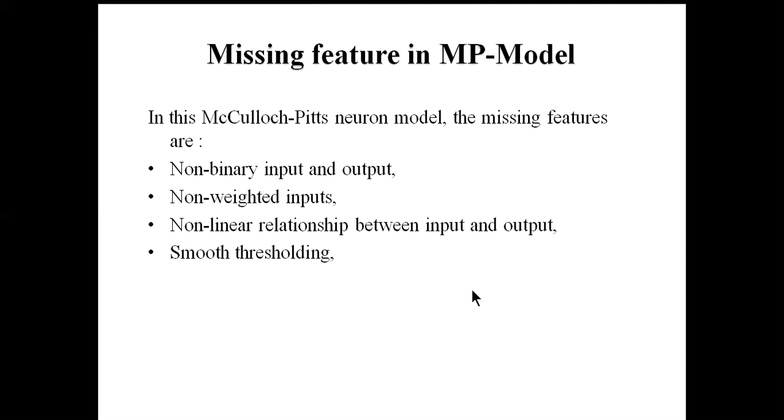So in the MP neuron model, there is no non-linearity. Next one is the thresholding. We don't use any kind of smooth thresholding or non-linear thresholding function. So these are basically the disadvantages of the MP model.